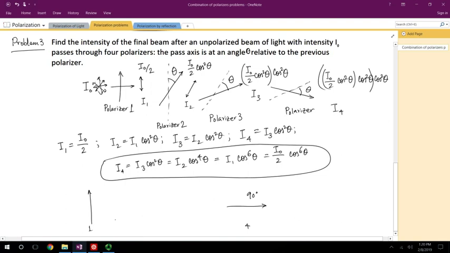So for instance, the first one was rotated by an angle of 30 degrees. The second one was rotated by another angle. So this is number 2. Then 3 is rotated by another angle. This time, relative to the first, this angle is 60 degrees. Relative to the second one, it is 30 degrees. And so once we go through to the fourth one, we get 90 degrees.